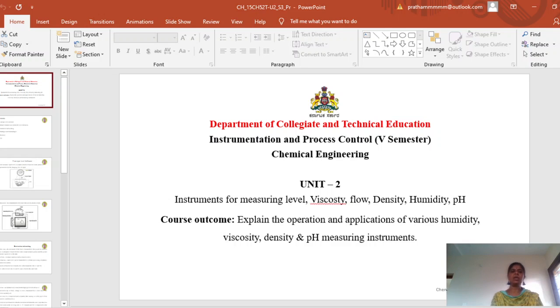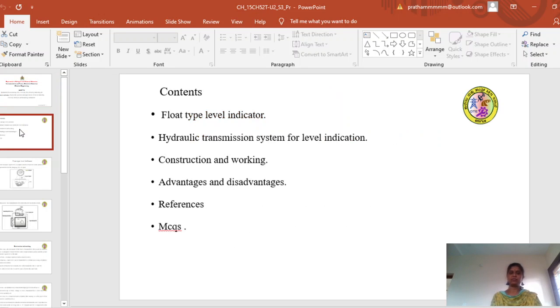In today's session we will be learning about, as I told already, again the liquid level measurement, that is by use of float type liquid level measurement. So the contents which I am going to cover in this session is the float type level indicator, how exactly it looks and how exactly it works.